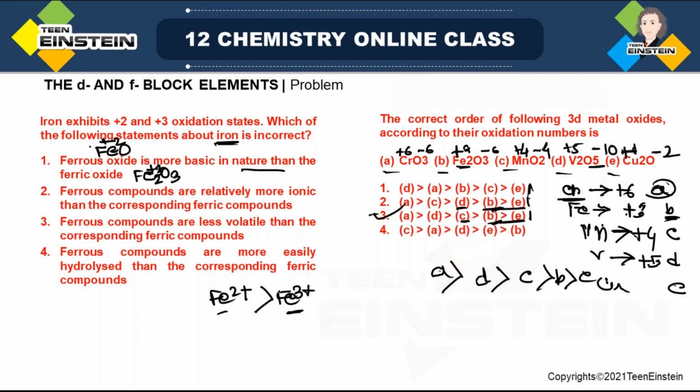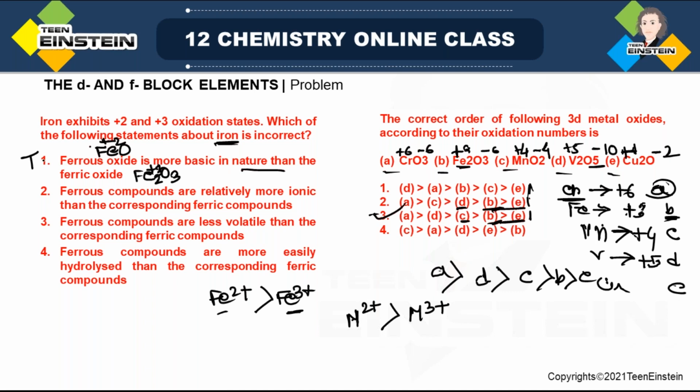So this statement is correct. And this is not just true for iron, it is true in general for any metal. If the same metal has two different oxidation states, always the lower oxidation state, as it is more electron rich, will be more basic than the other one. So this statement is true.